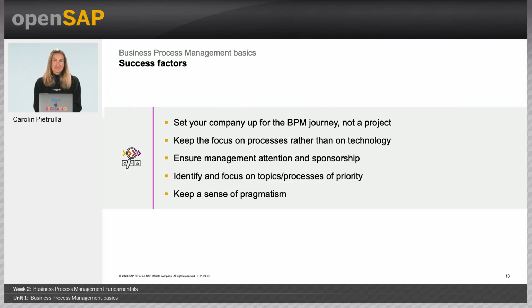Automation and digitalization can be helpful improvement measures, but keep your focus on process improvement in a broader sense and not only on automation. Management attention is key to success, as in many areas. Prioritize. It's easy getting lost in details, but keep your focus on the topics of impact. And last but not least, stay pragmatic.